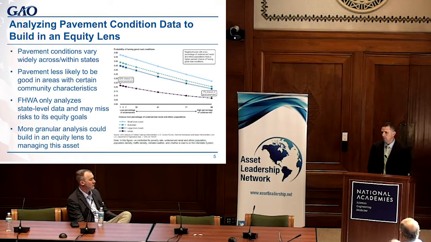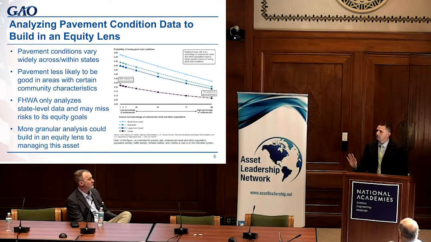And also, we found that those poor pavement conditions were more common in areas with certain community characteristics, even after controlling for traffic density, even after controlling for climate effects, and various other factors that you might think of as explanations. And what we found in particular, 3 community groupings: traditionally underserved racial and ethnic groups, high poverty areas, and urban areas in general had poor pavement conditions, even controlling for these factors.